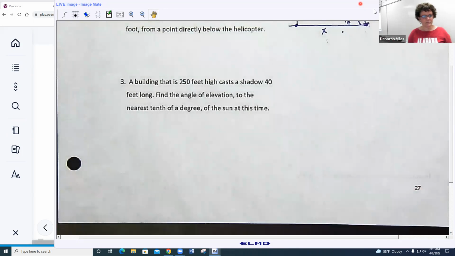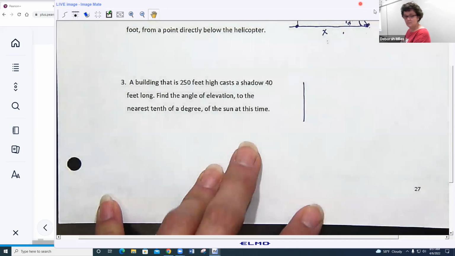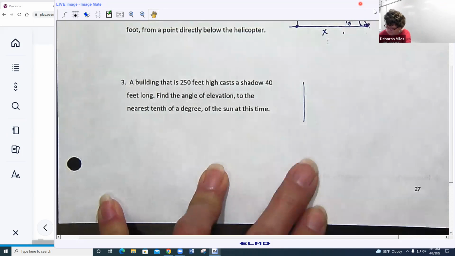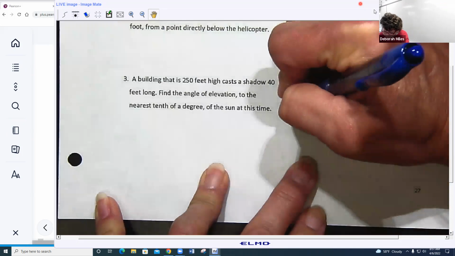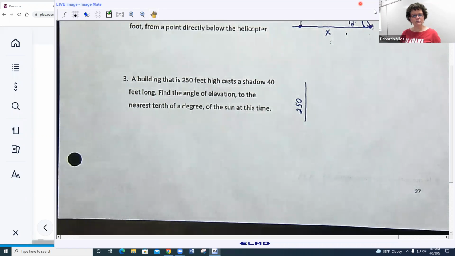Number 3, a building that is 250 feet high. Can you draw a building that's 250 feet high? Yeah, you know what mine's going to look like. I am not an artist. There's my building that's 250 feet high. Cast a shadow that is 40 feet long.